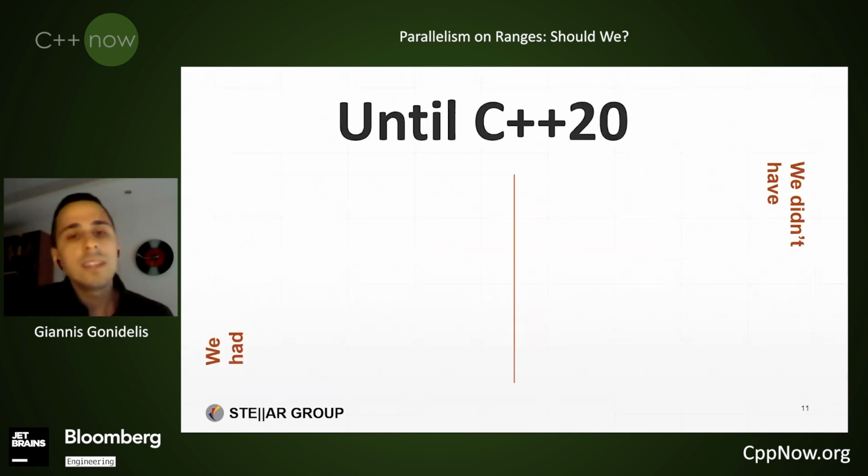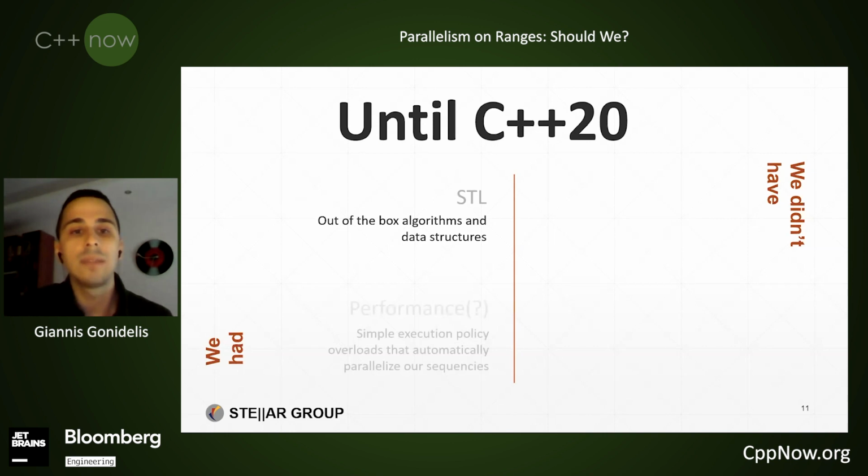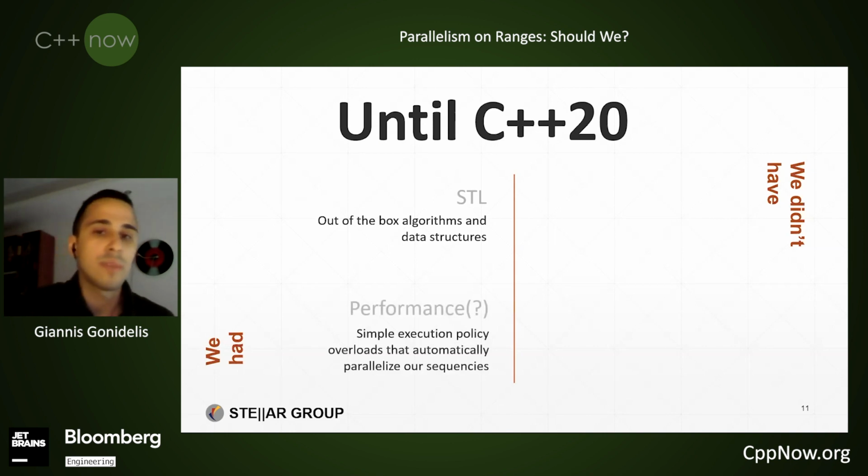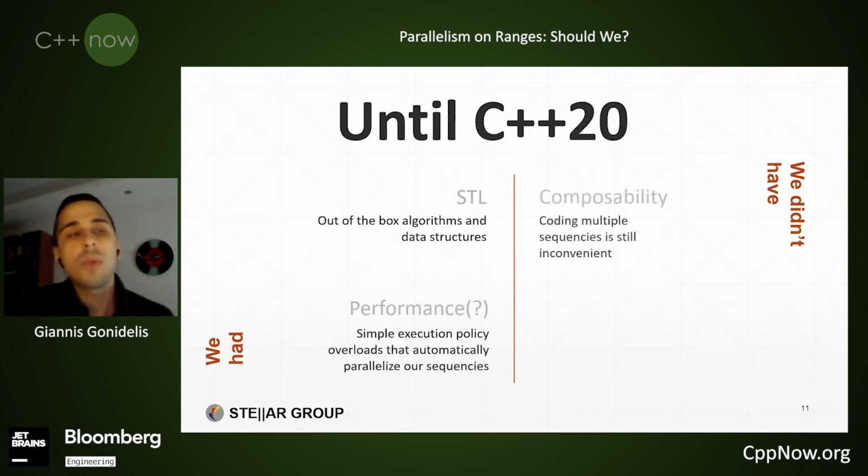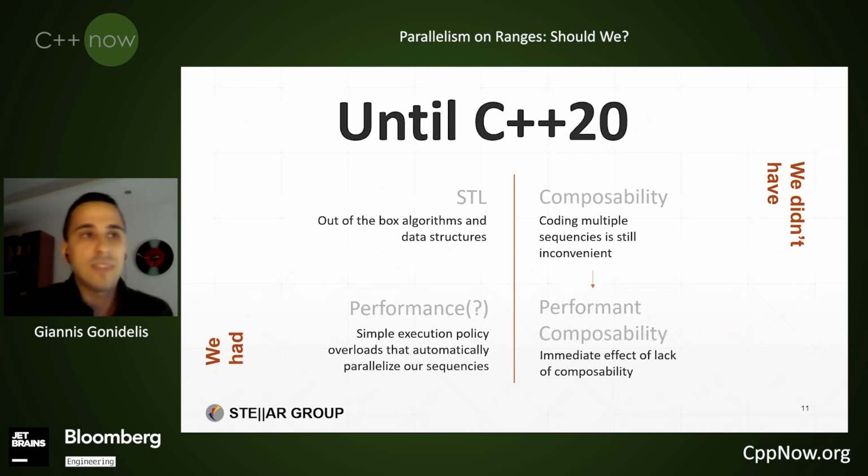So until C++20, what we had was the great tools of the standard template library and possibly performance tools. What we were lacking, though, was composability, in that we had to code every sequence in a single step. And of course, we didn't even have performance composability.